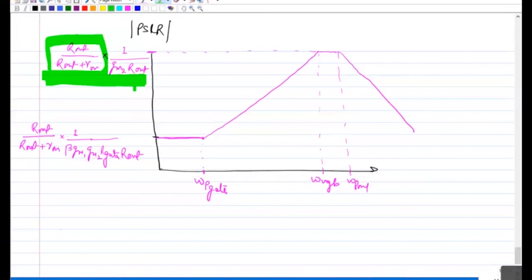So if let's say GM2 R out is roughly 10, and whatever factor you get from this resistor divider, you can say even around UGB my PSRR will be minus 20 dB or higher. And the DC PSRR is obviously much higher.